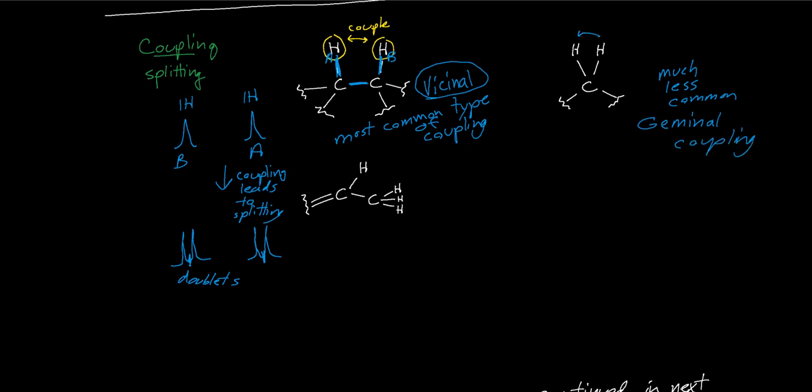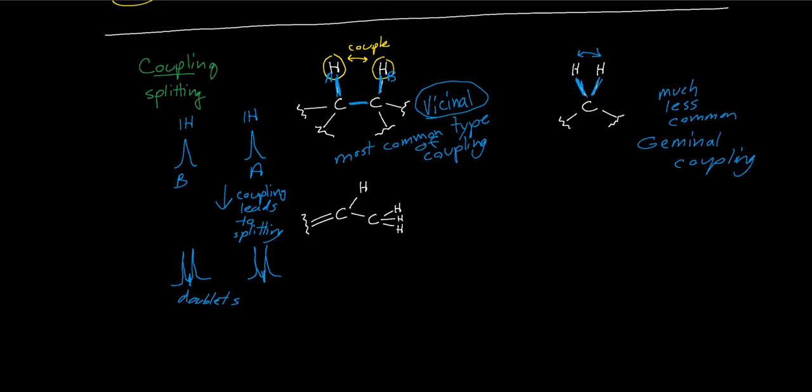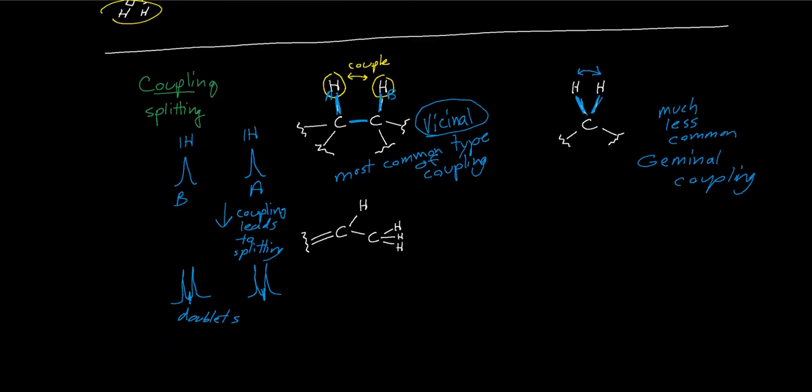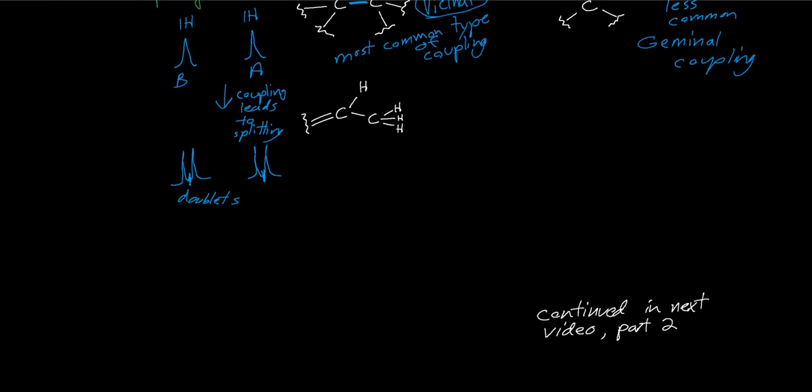Geminal coupling would be coupling between these two hydrogens here, or more accurately, through these two bonds. Geminal coupling is usually in the case of rings, where if you look, for example, at the example right above here, where there's a top face and a bottom face, you might see geminal coupling between this proton and this proton. But it's less common than the vicinal type of coupling.